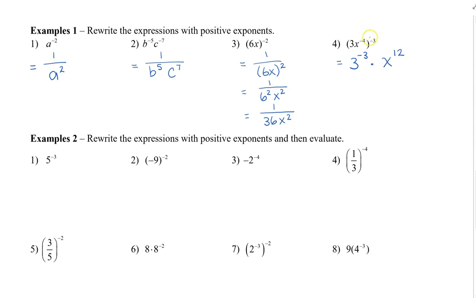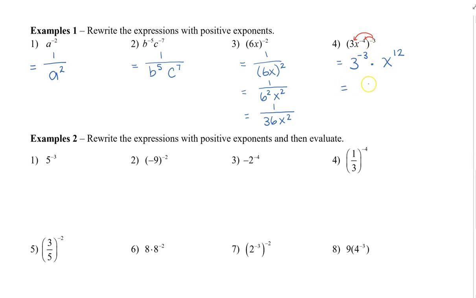So what's happening is the negative 3 exponent on the outside is being applied to the 3, or to the 1, I guess, the 1 exponent on the 3, and the negative 3 is being applied to the negative 4. And remember, we multiply exponents when there's an exponent inside and outside. All right, so the question's asking us to rewrite the expressions with positive exponents. Now, x to the 12 already has a positive exponent, but the base 3 has a negative exponent.